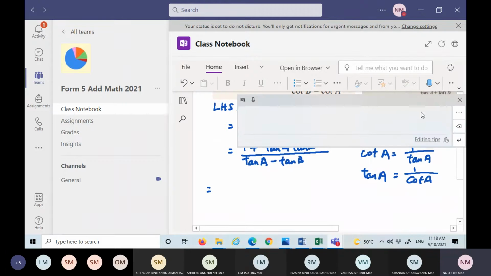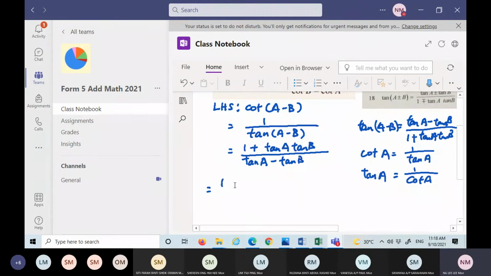So okay, tangent A now is 1 over cotangent A. Tangent B is 1 over cotangent B. Okay, this one will be very complicated.